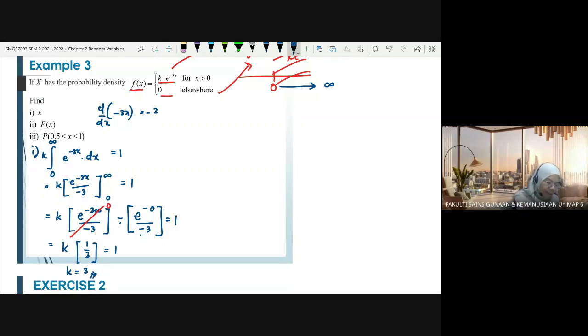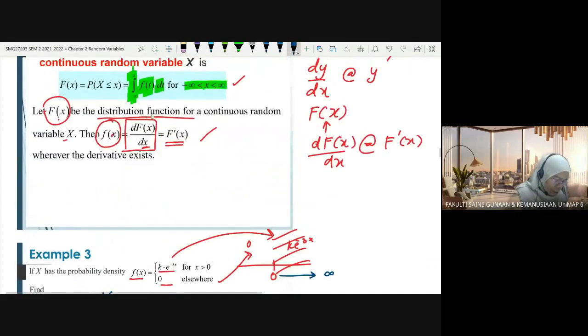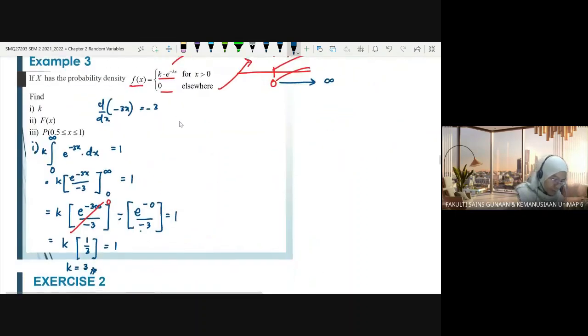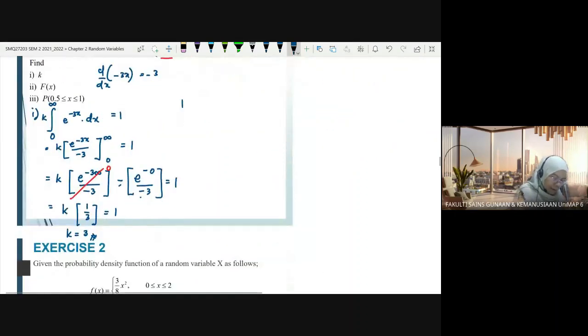So that will be your value for K. Having said that you have the K value, now you need to find the F(x). What is F(x)? This now is the distribution function, sorry, the distribution function for X. Now we are looking for number 2. What is F(x)?